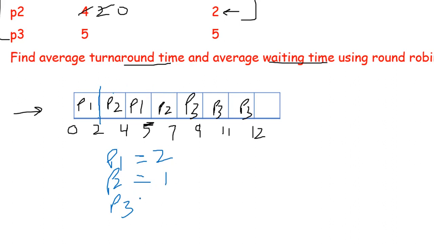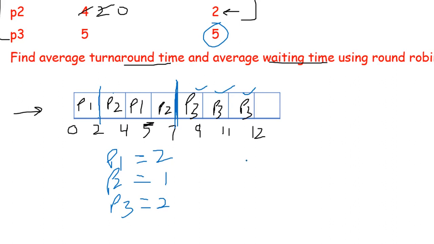Now let us see what is the waiting time for P3. Find the P3 in Gantt chart. Now it is consecutively executed from 7 to 12 time unit. So it started at time unit 7 and its arrival time was 5. Right? So 7 minus 5 is 2. Its waiting time is 2 unit.